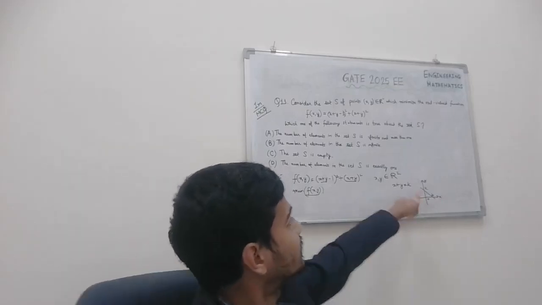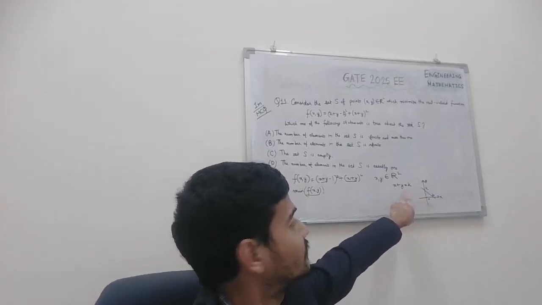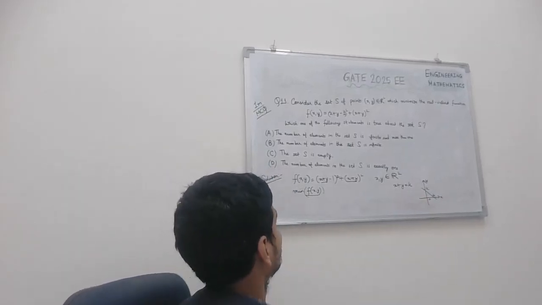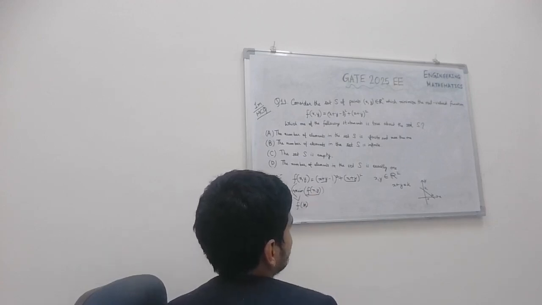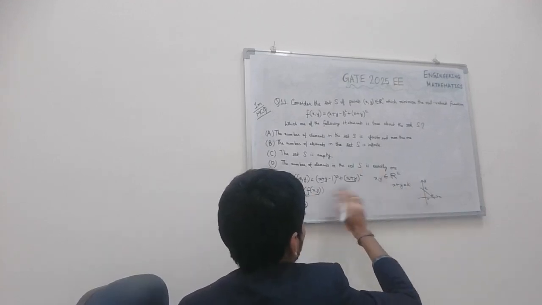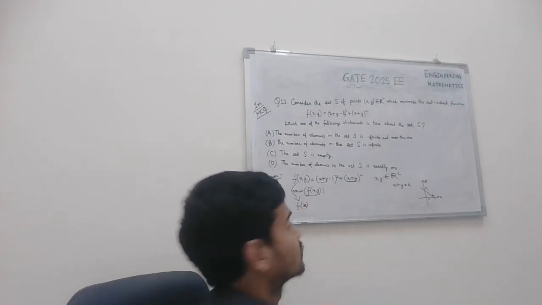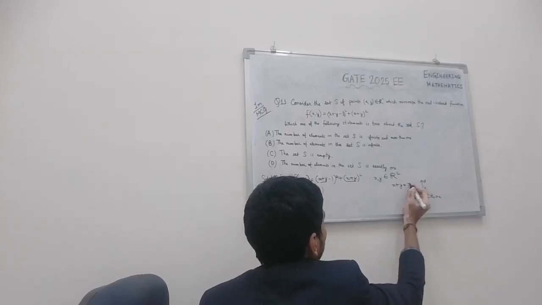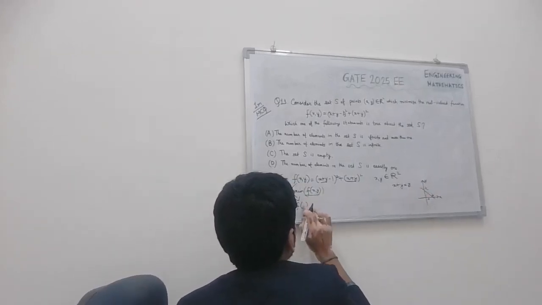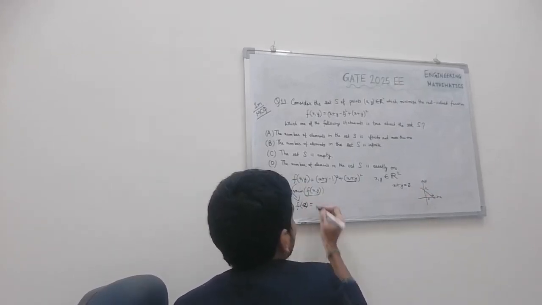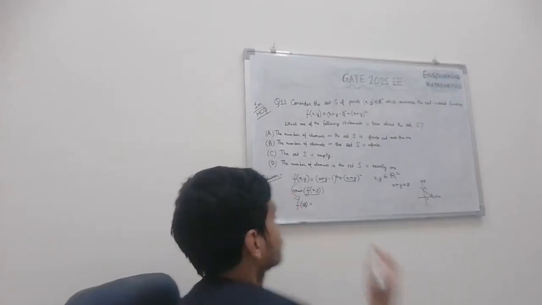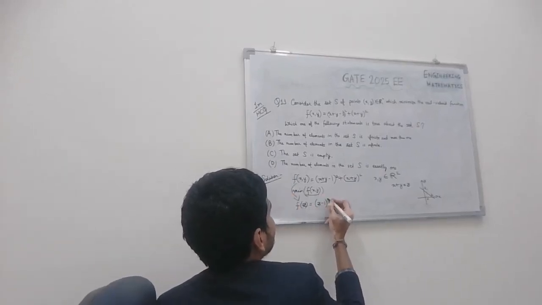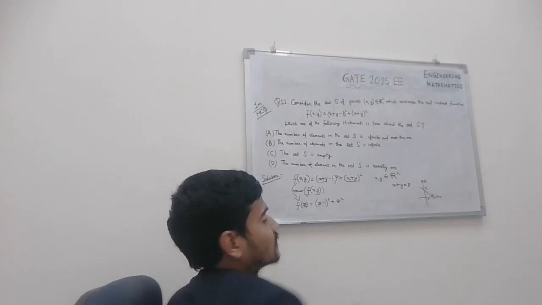All the points lie on the straight line x plus y equal to a constant. So if we convert this transformation, let's take x plus y as z. What does f of z become? f(z) = (z - 1)^2 + z^2.